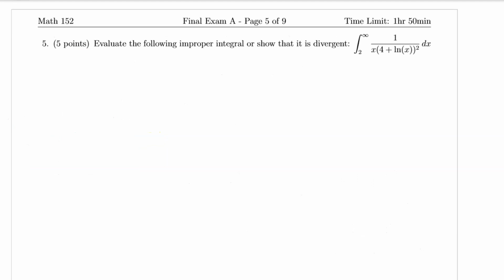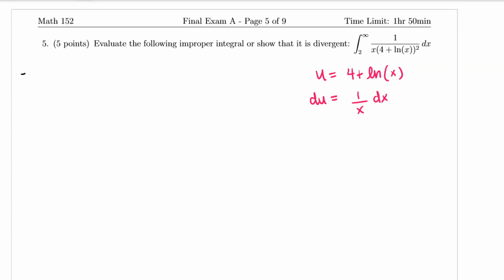Question 5 says, evaluate the following improper integral or show that it is divergent. I'm going to use u substitution, and I'm going to let u equal 4 plus the natural log of x. That's going to mean that du is equal to 1 over x dx.